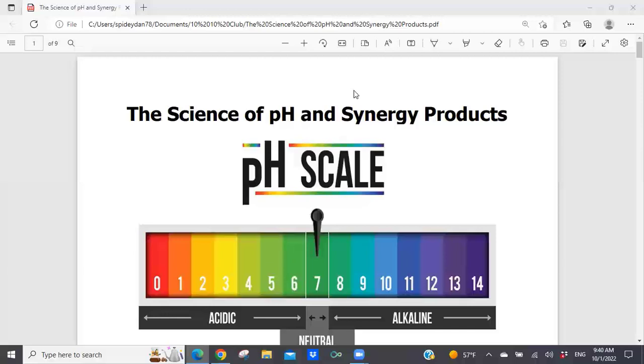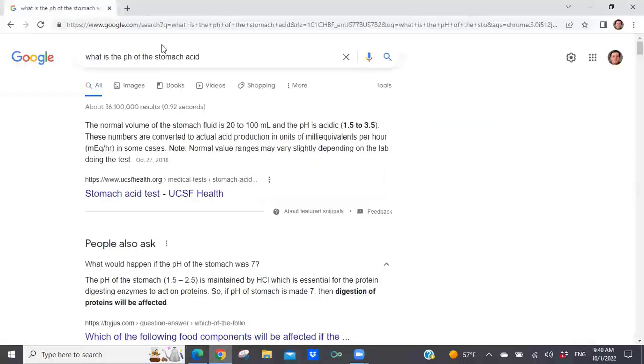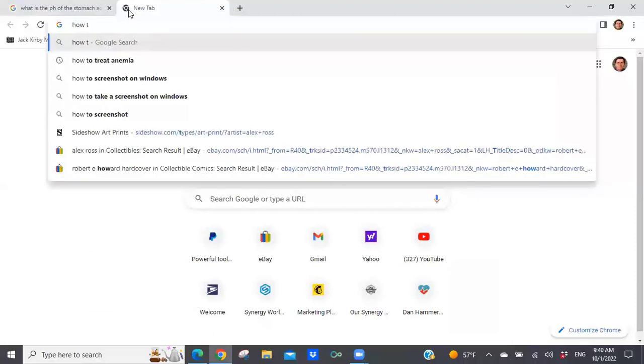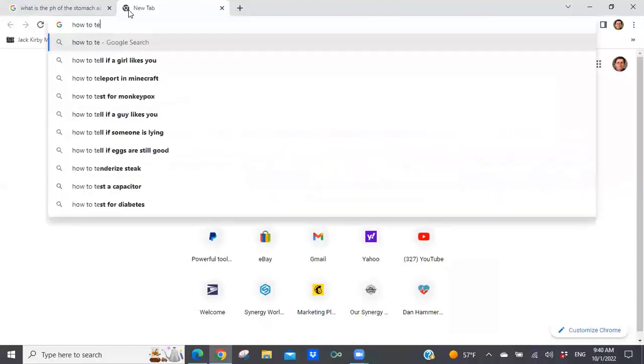And with my health clients, I don't have to ask them about their diet. I can start with having them get pH strips and take the first urine of the morning.